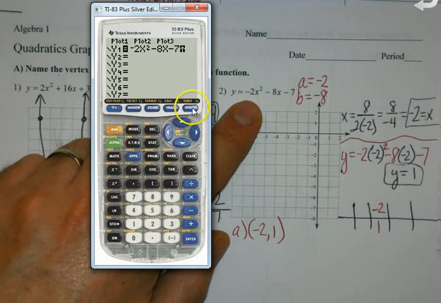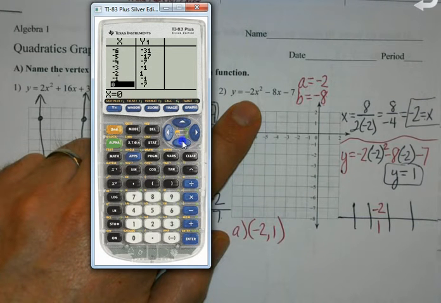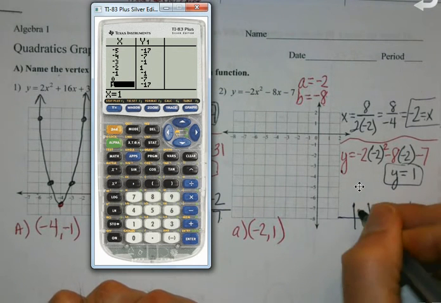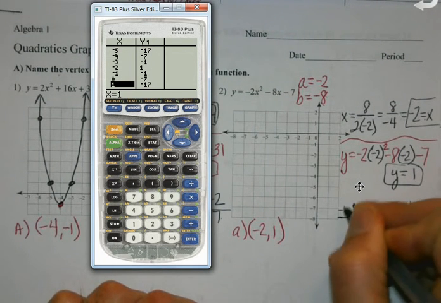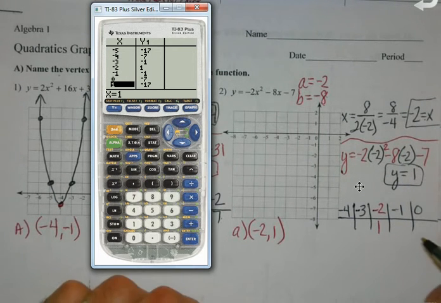And I do my second graph to get my chart. And I need -2 in the middle. So the first thing I notice is -2, 1. Okay, that's right. That's a good thing. So I've got -3 and -4, and I've got -1 and 0, because again, I don't want to skip any numbers.